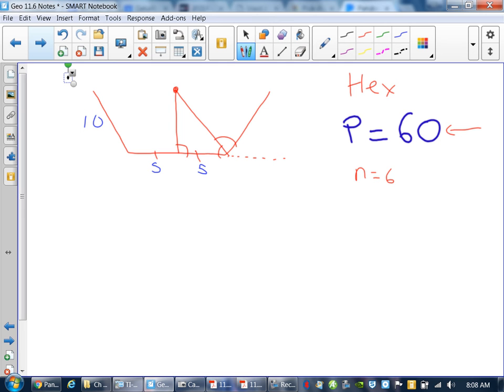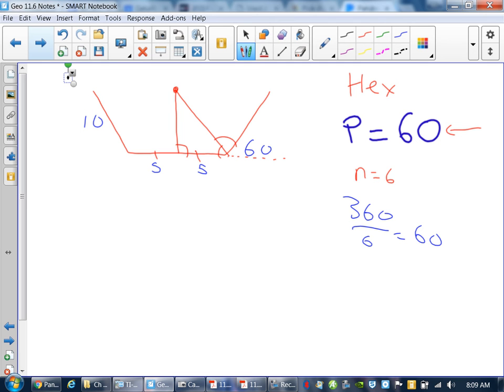And then you take your exterior sum, which is 360, divide that by 6 and you get 60. That gives me the outside of 60, which makes the inside how much? 120.